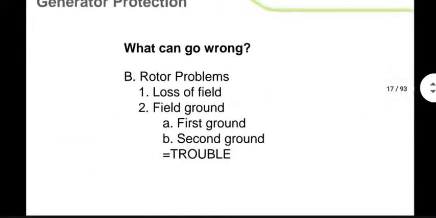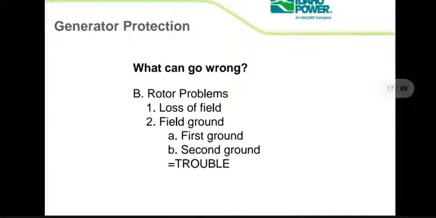Rotor problems may also be there. The flux that rotor is supposed to produce, suppose it gets lost because you are not able to feed it for whatever reasons. So that can be a problem. Field winding can be grounded by mistake for whatever reasons. So that possibility remains there.